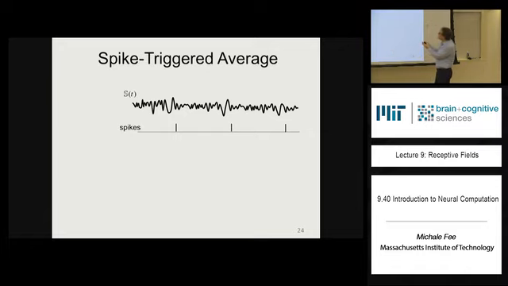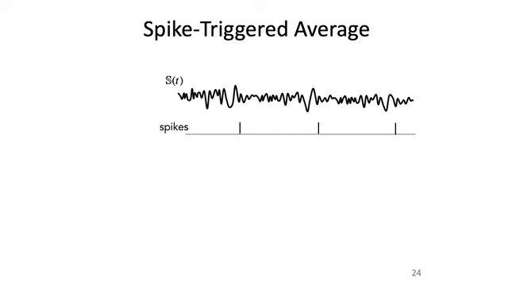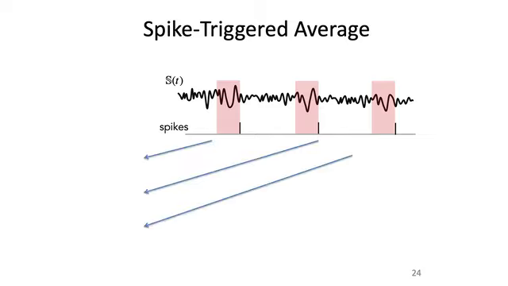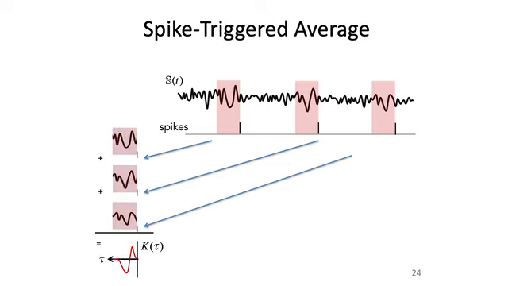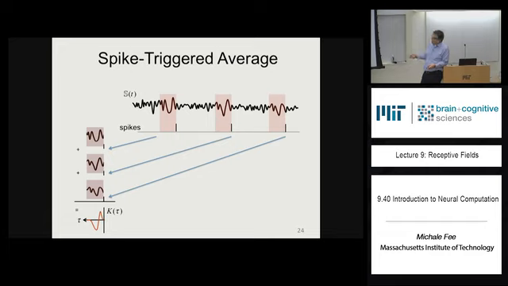So you can ignore whatever happened after the spike and just consider the stimulus that came in prior to it. We take a little block of the stimulus prior to the spike, do that for every spike the neuron generates, pile those up and take an average. Spike-triggered average, that's it.